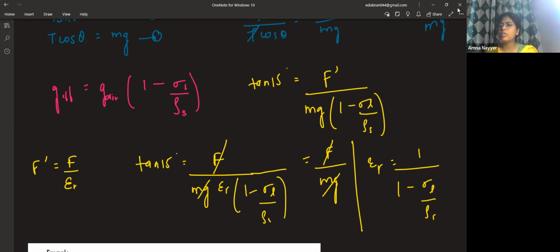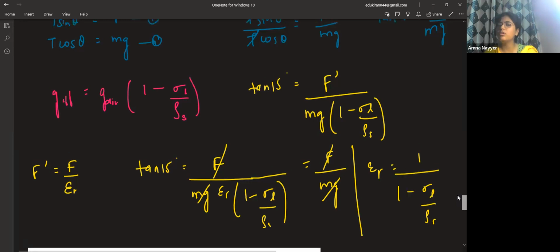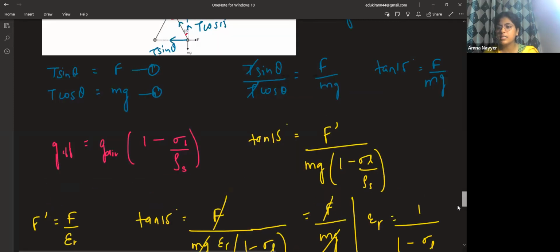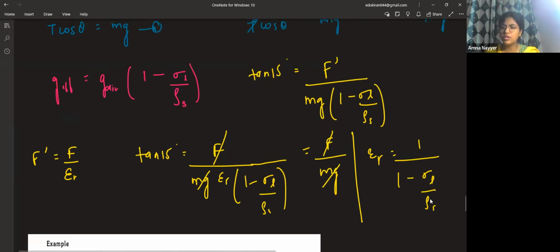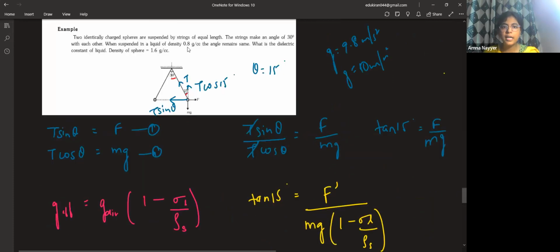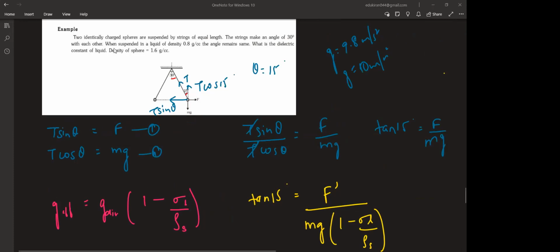Now you have the values of sigma liquid and sigma solid, so your answer will come in just 1 or 2 steps. See, 0.8 divided by 1.6. This is 0.8 and this is 1.6. So just check and let me know what is the value of epsilon that you're getting, the dielectric constant for this particular medium. 0.8 is liquid and 1.6 is for the sphere. Note down the question, note down this from here. Let me know when you're done, and do let me know the final answer also once you have written.